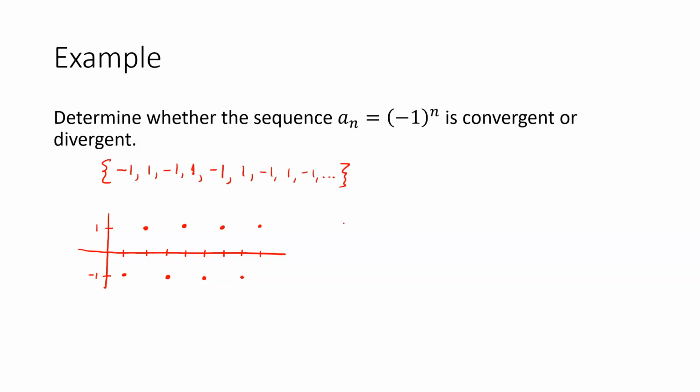So the sequence here we would say is divergent. Right? In fact, you can easily tell that the distance between consecutive terms is always 2, so the terms never get close to each other.